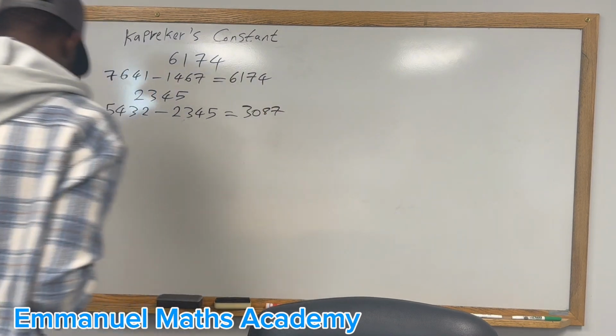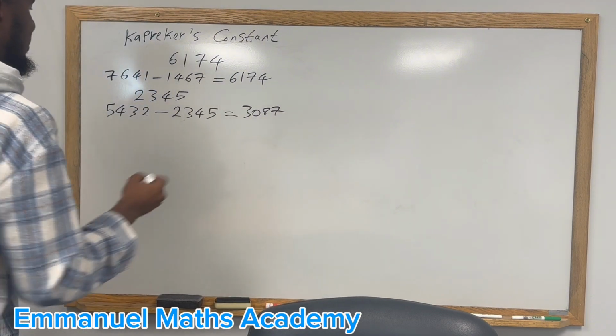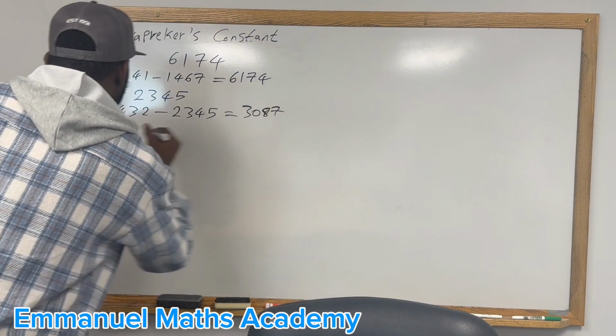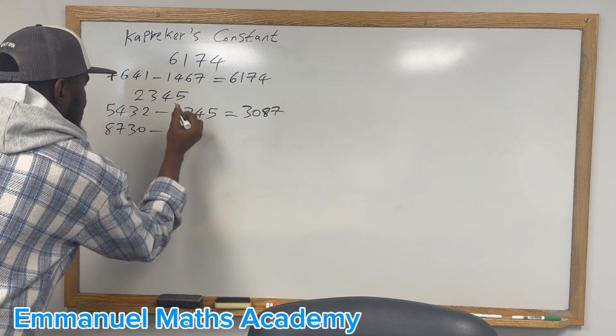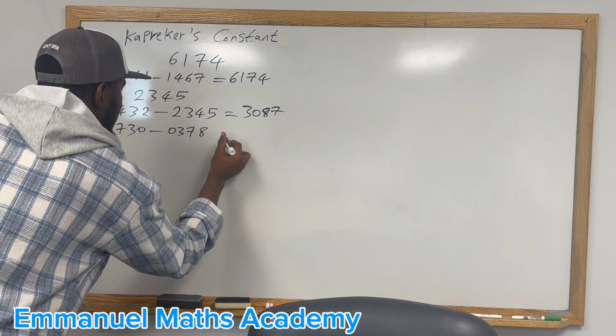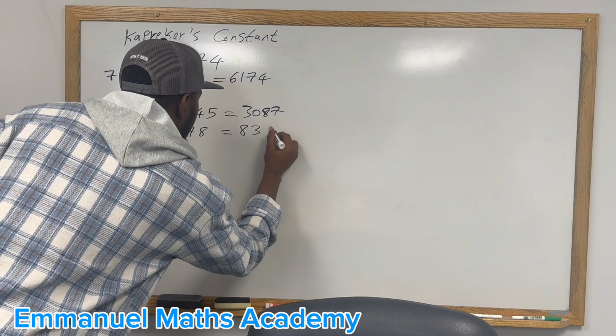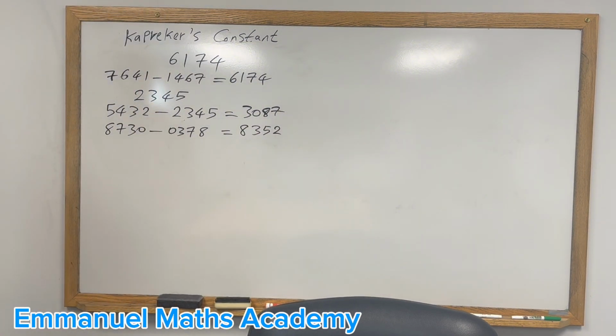3087. All right, so from this 3087, the highest number here is 8730. And the smallest is 0378. 8352. Alright.